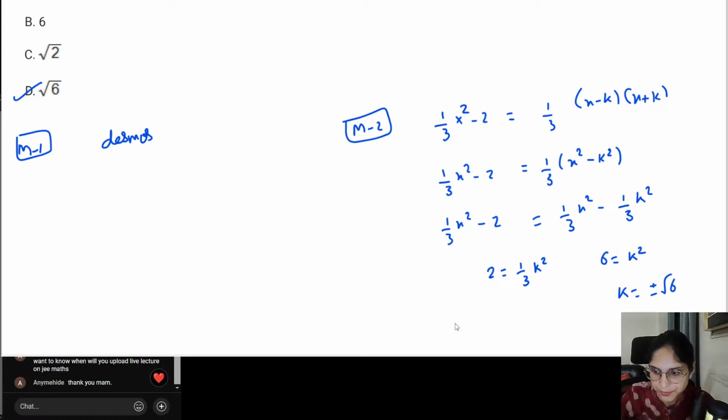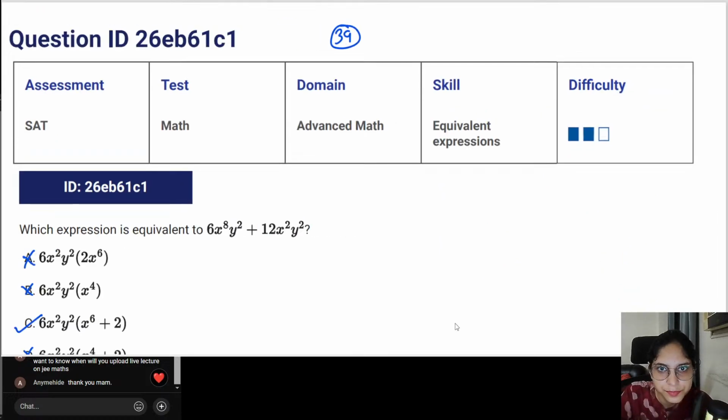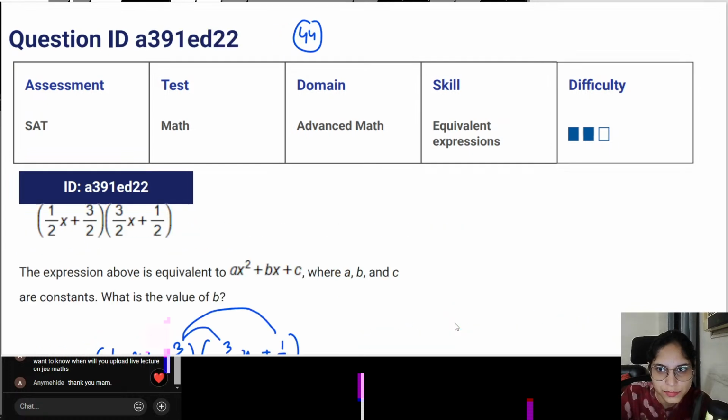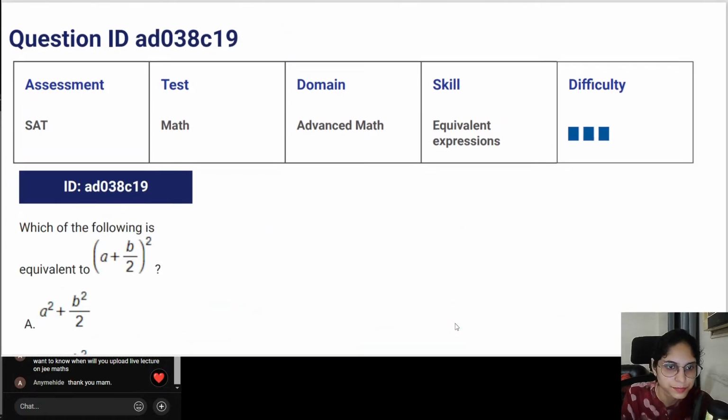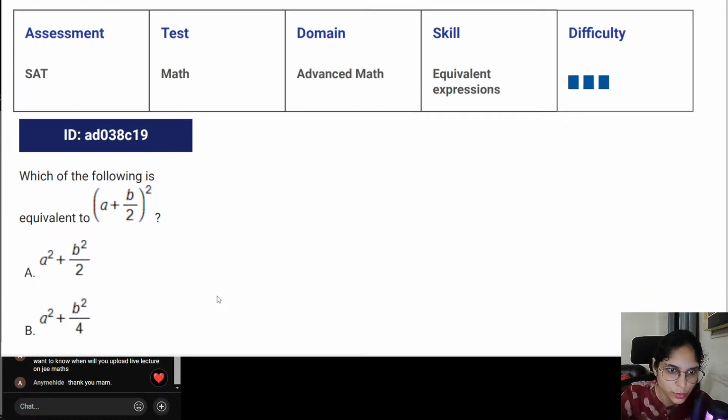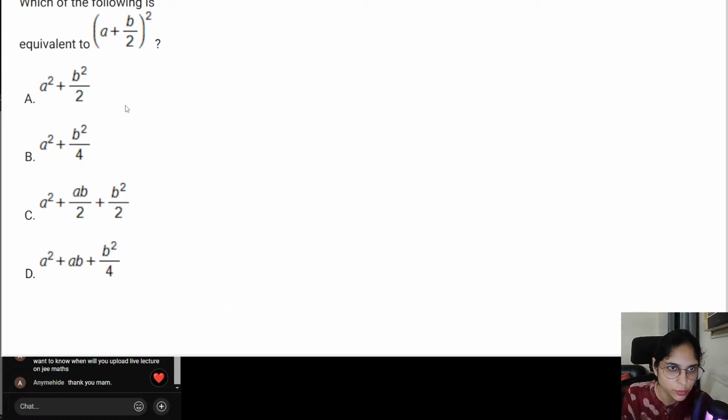Next is 47. You have to find a plus b over 2 whole squared. So this is just a squared plus, you just have to remember the formula.